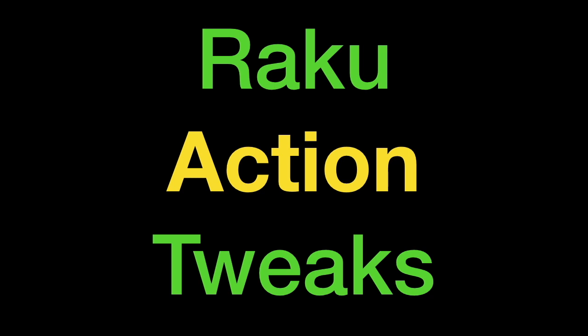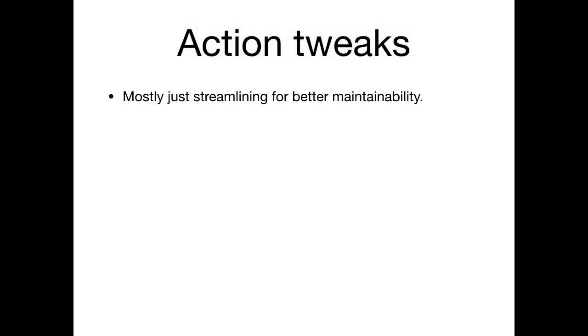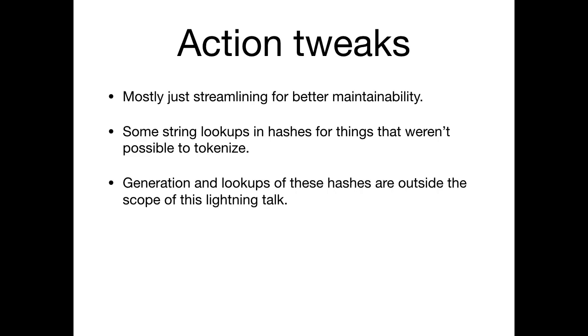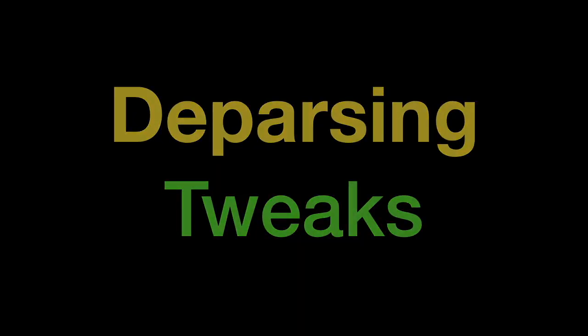What was needed in the Raku actions? Well, actually not a lot. We just did a lot of streamlining there. There are some string lookups that you need to do, and they're impossible to tokenize, but that's not inside of this lightning talk. Deep parsing tweaks that we needed to do.